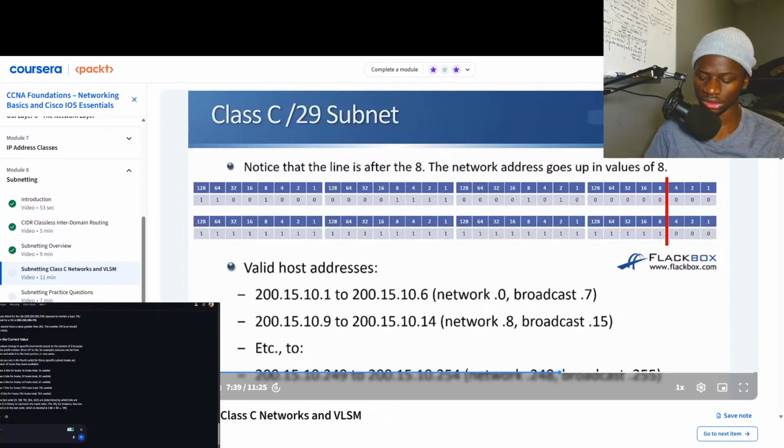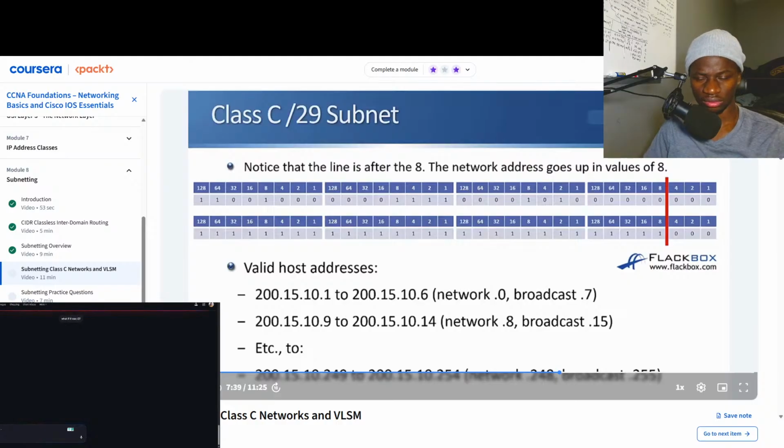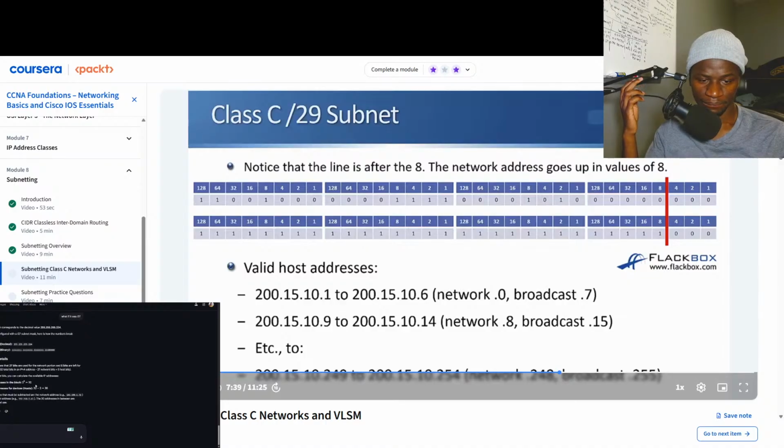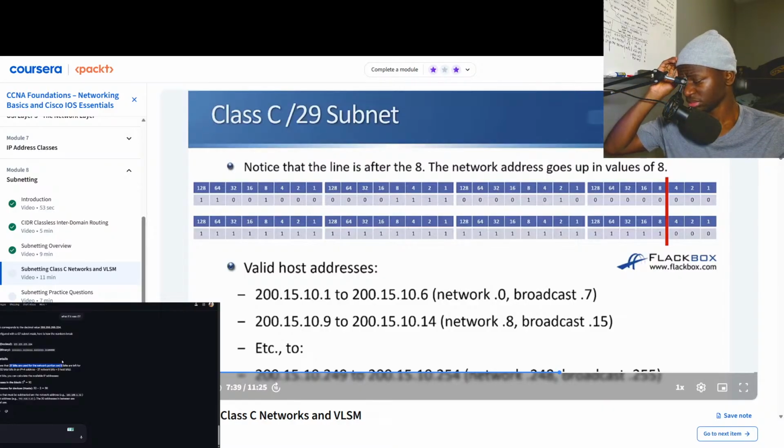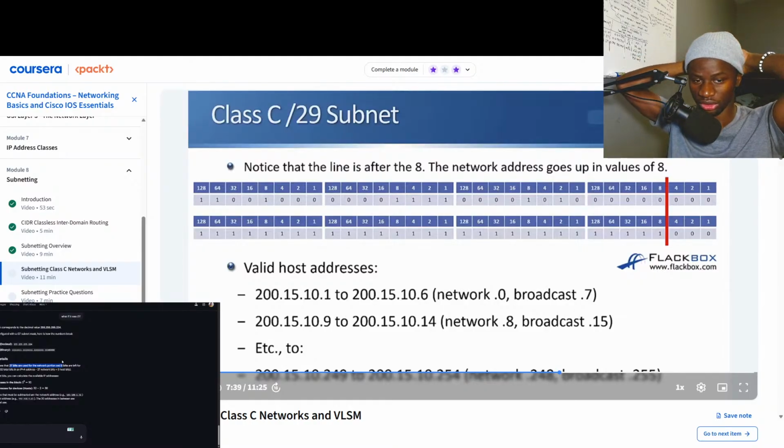What if it was /27? If it was /27, we already see what it will be. Corresponding to the 224 network configuration, 27 bits are used for the network portion and 5 bits are left for the host portion. 32 addresses and 30 usable.